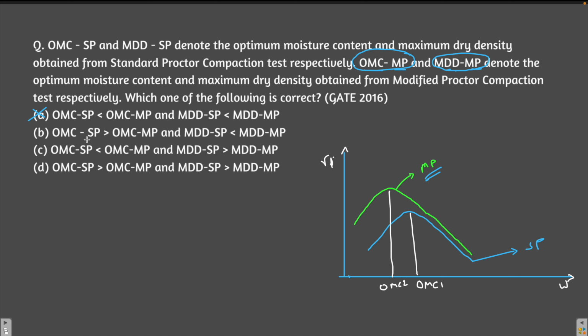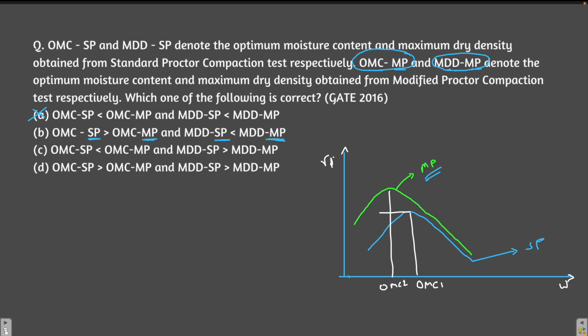Now, the optimum moisture content for the standard Proctor test is greater than the optimum moisture content for the modified Proctor test. Okay, correct. Now, the maximum dry density for the standard Proctor test is less than the maximum dry density for the modified Proctor test. Let's see.